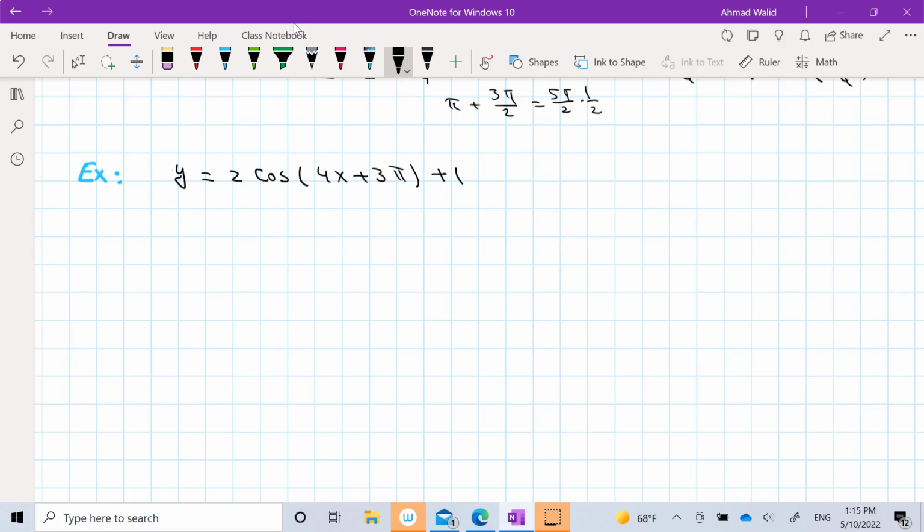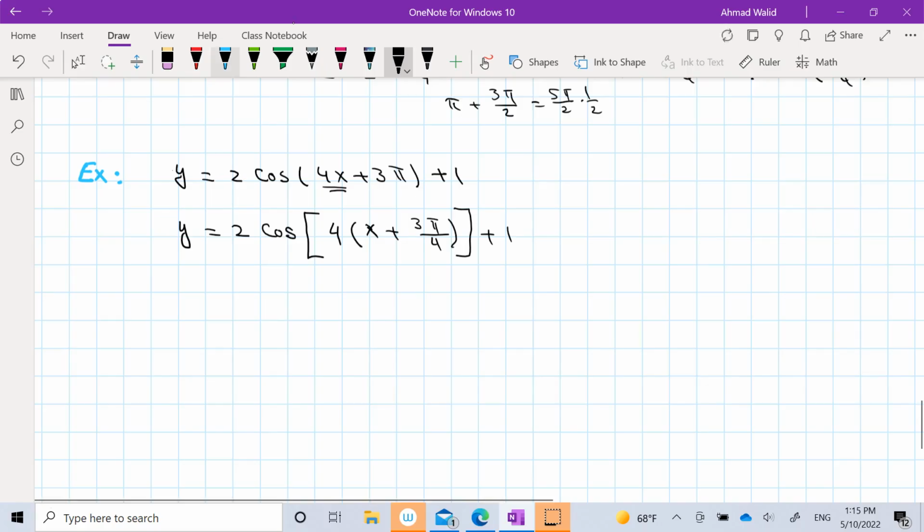First, you need to change the coefficient of x to 1. Rewrite your function. y equals 2 cosine bracket, factor out 4. Inside will be x plus 3 pi over 4. Close the bracket, plus 1 outside. Now your coefficient of x is 1. You're good to go. Start the steps.